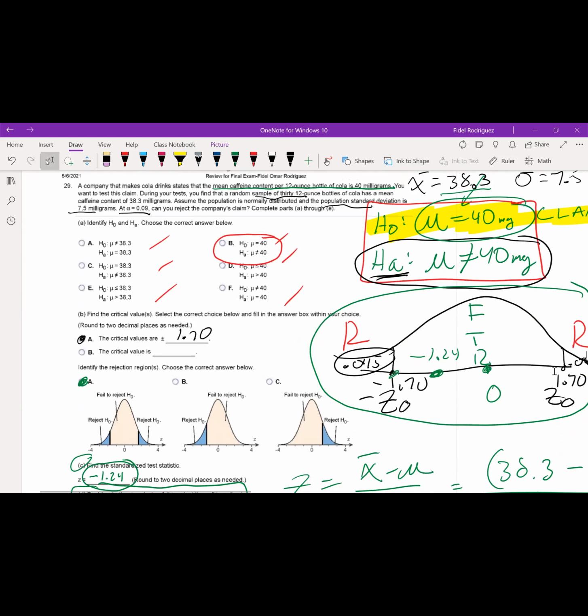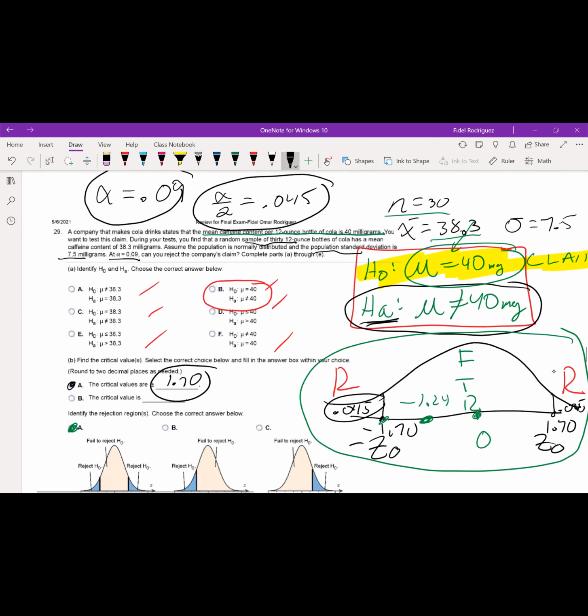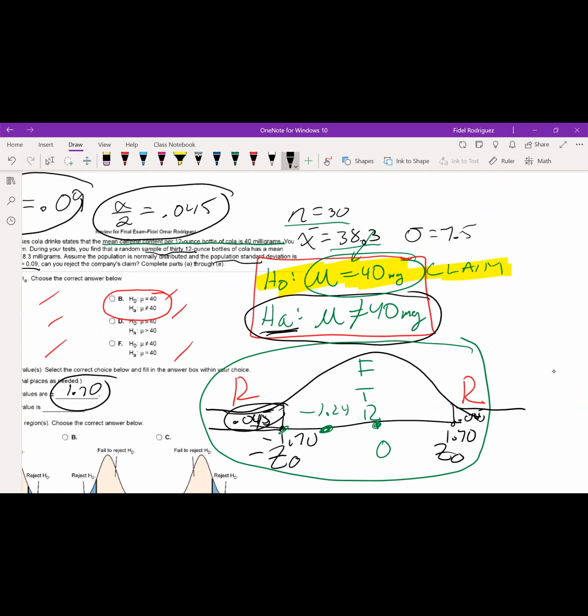Okay, so the way I found this number right here was because this was a two-tailed test. If we have a two-tailed test, whatever my alpha is, I have to divide it by 2, right? And that's the number that was the area under the curve over here, and that was the area under the curve to the right.